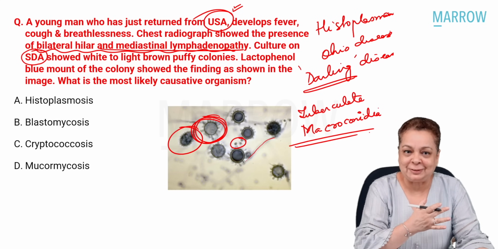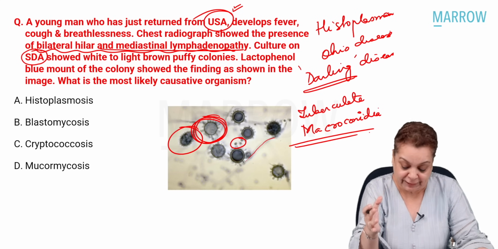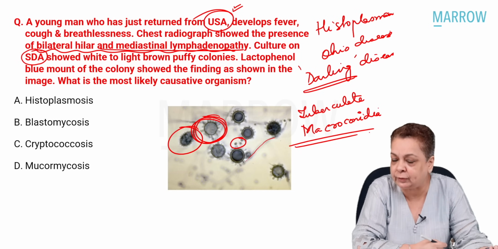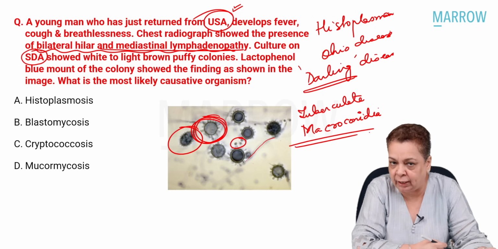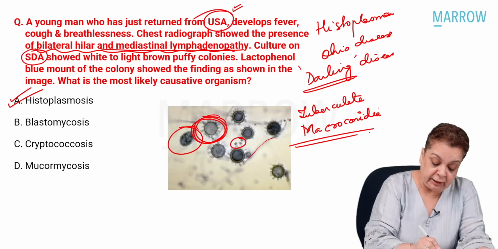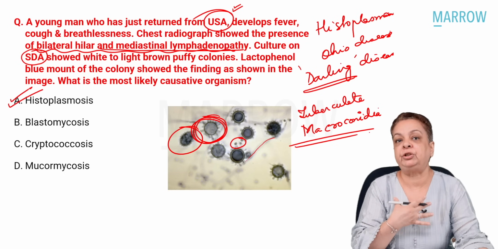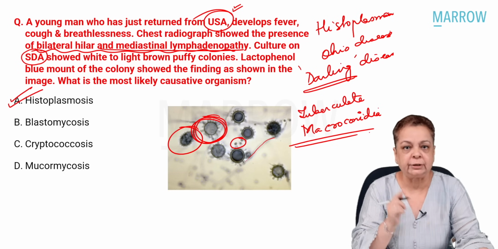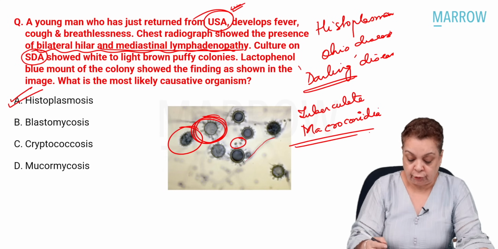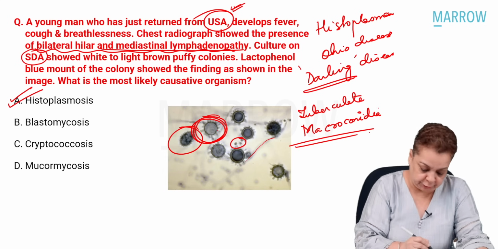We've come across three morphologies in our NEET-24 exam of the dimorphic fungi. First, we were asked about Coccidioides, then Blastomyces, now we've come across Histoplasma. So anytime you have a fungal infection presenting with mediastinitis, think of Histoplasma.